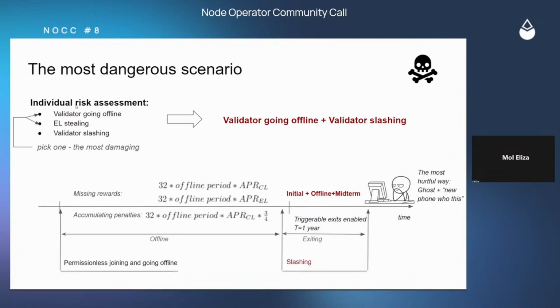So creating the most dangerous scenario is a simple idea: permissionless join, going offline until the time triggerable exits arrive, and slashing at the moment they are just around the corner.